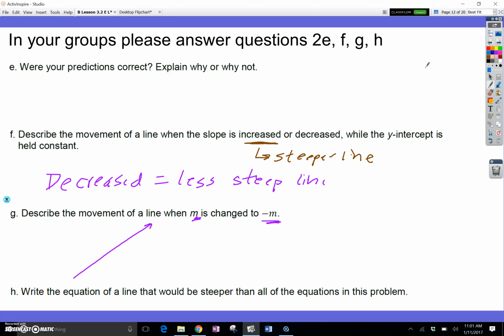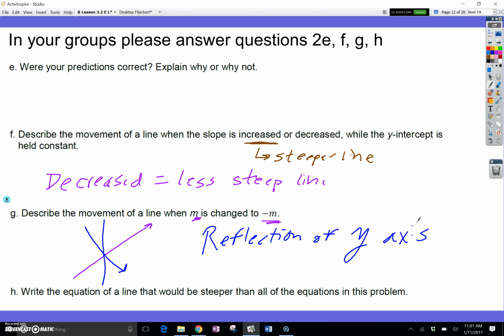And then when I changed it to negative, it looked like this. But since the numbers were the same, it's just a reflection off the y-axis. So we can write reflection of y-axis.